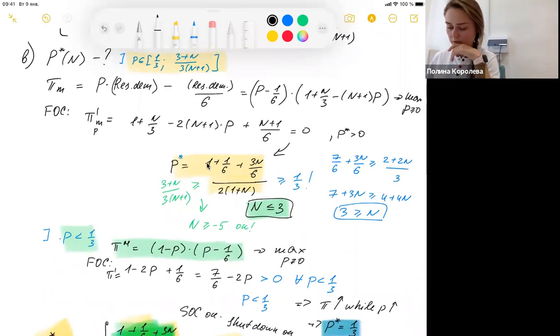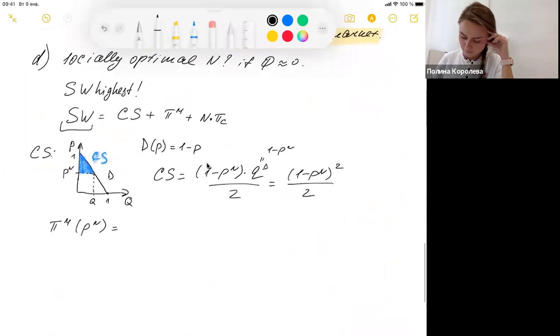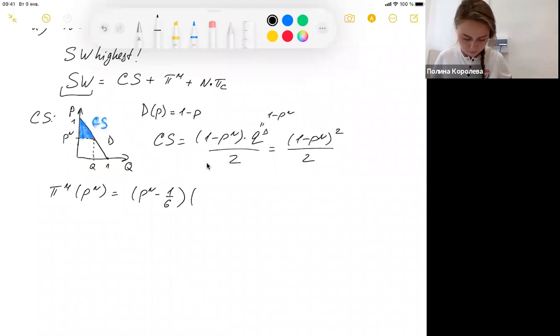It will be (price minus 1/6) multiplied by (1 plus n over 3 minus (n plus 1) multiplied by price) for n firms.